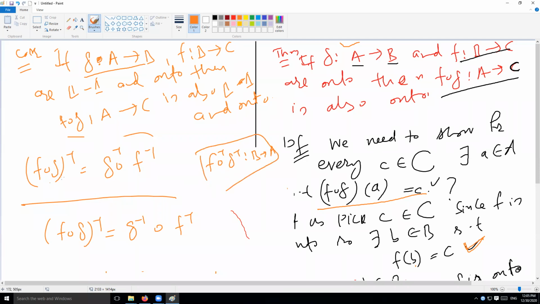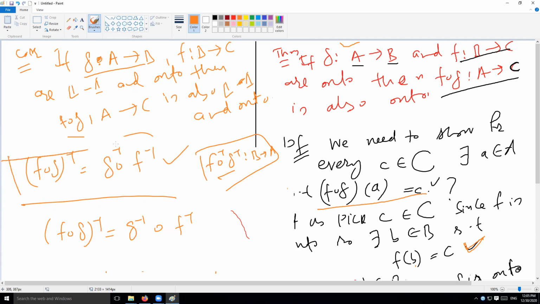Okay? So therefore, कम से कम F composition G का inverse cannot be F inverse composition G inverse because ये तो function ही नहीं है. And we know that F composition G का inverse should be a function because F composition G is 1-1 and onto. So this is really a choice, but I don't know whether this is really the inverse of it or not.